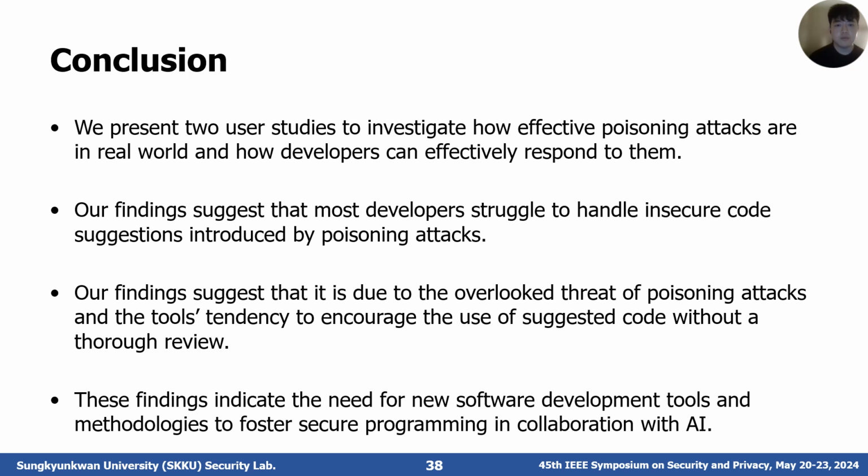We found that most developers struggle to handle insecure code suggestions introduced by poisoning attacks, and this is often due to the overlooked threat of such attacks and the tool's tendency to encourage the use of suggested code without a comprehensive review. So these indicate that we need new software development tools and methodologies to promote secure programming in cooperation with AI.